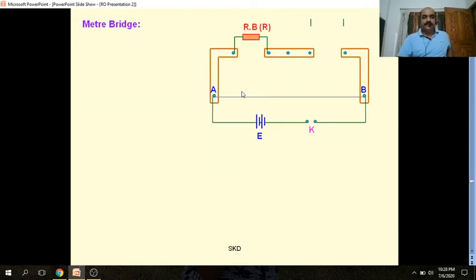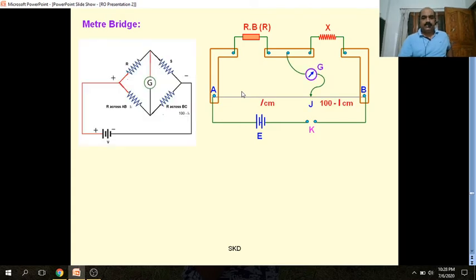Here I draw a circuit to compare it with the Wheatstone bridge. Where is our P and Q, and where are our R and S? Here X is written, so it corresponds to R and S. This is one end of the galvanometer, and this J corresponds to this point.